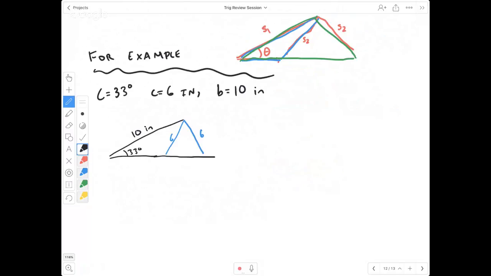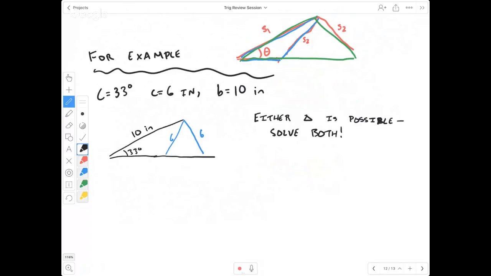We're going to solve both triangles. There might be relevant information in either triangle. Let's solve both of them.